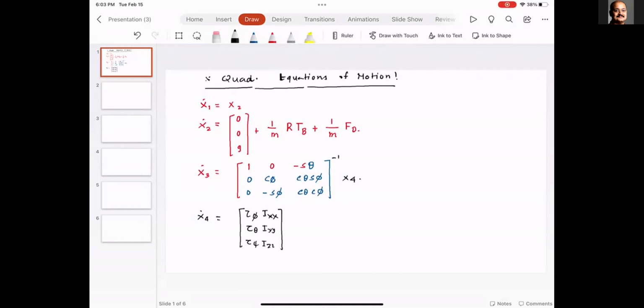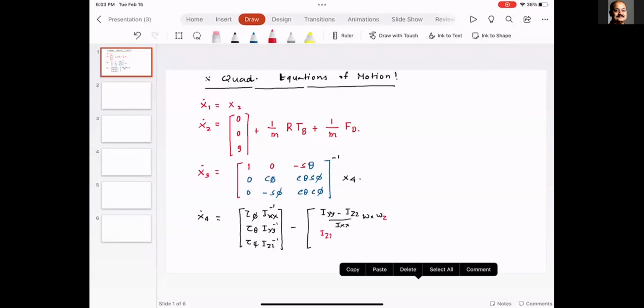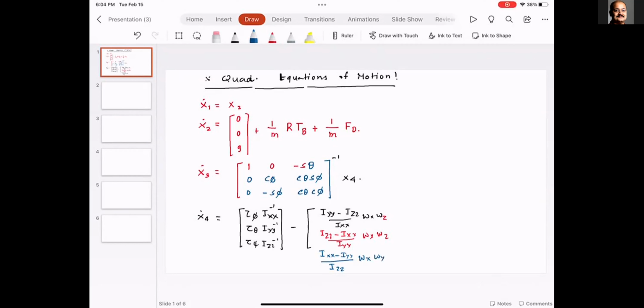And what you have is basically this is inverted, this is inverted, this is inverted, minus you have Iyy minus Izz divided by Ixx, omega x, omega y, omega x, omega z, then Izz minus Ixx divided by Iyy, omega x, omega z, and last but not least, it's Ixx minus Iyy divided by Izz, omega x, omega y.